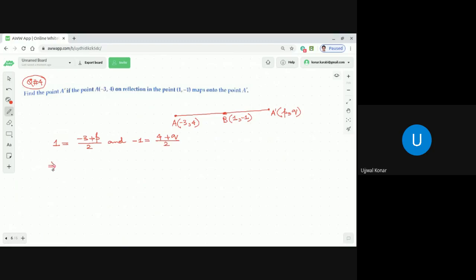From here we get the value of p as 5, and the value of q as minus 6. So we get the coordinate of the point A dash as 5 comma minus 6, correct?